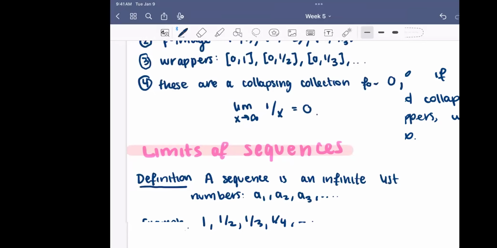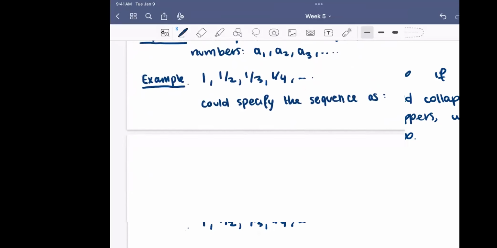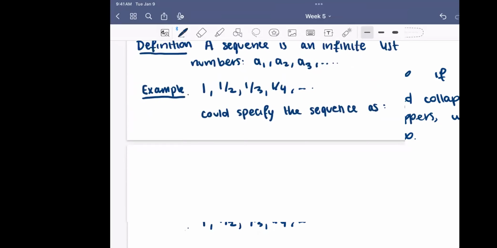If you want to know the 100th term in the list, you just plug in 1 over 100. And it can be anything you want. For example, you could have a constant sequence, like A sub k is equal to 3, and that would just look like an infinite list of threes.